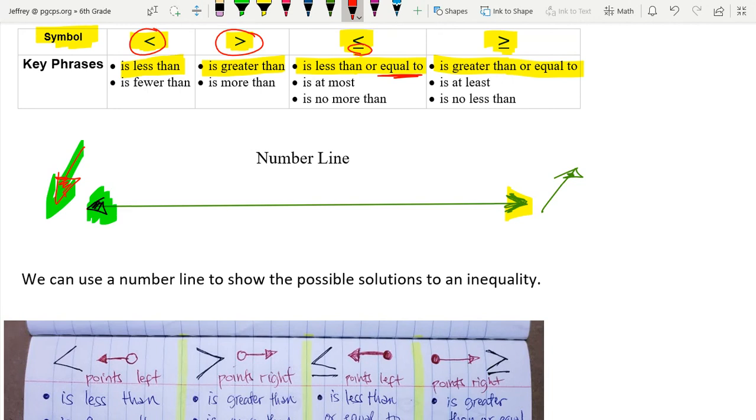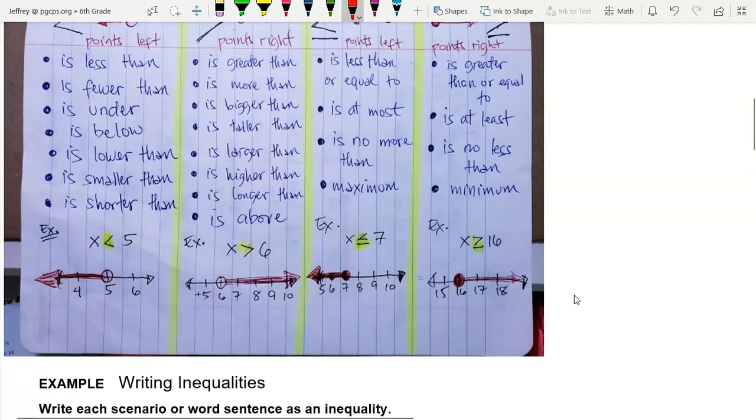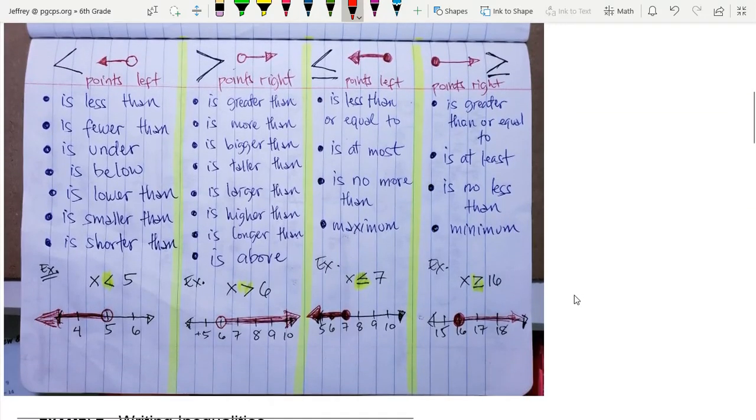Okay? So the number line also helps us to show possible solutions of an inequality. Now, I'll tell you more about that later. All right. Now, in our notes, we also have these in your Google Classroom, so make sure you review these notes. So these are your notes.